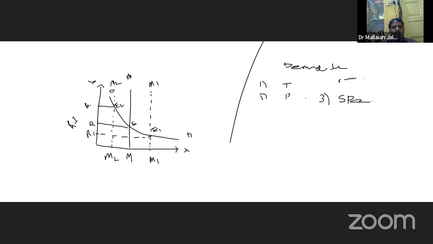From this diagram, the total demand for money, which is denoted with DD, shows the amount of money which is demanded at a different rate of interest. This DD is showing how much amount is demanded.